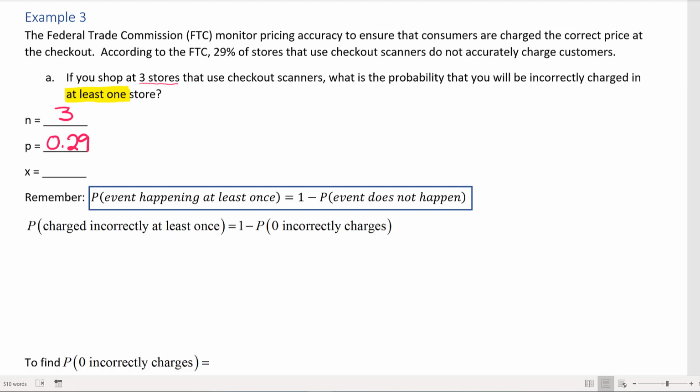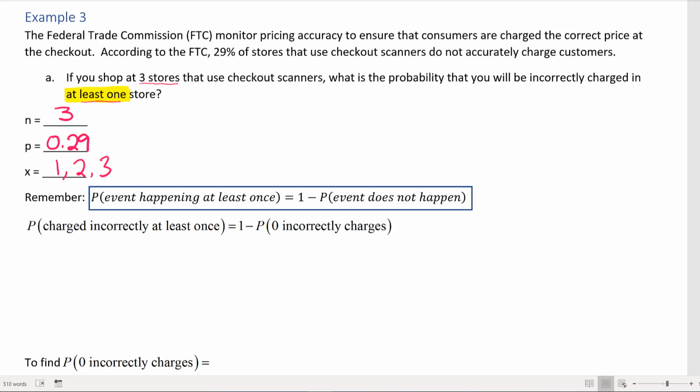And then my x, that's the interesting thing. I need to know the probability that we're going to be incorrectly charged in at least one. So at least one could be either 1 or 2 or 3.